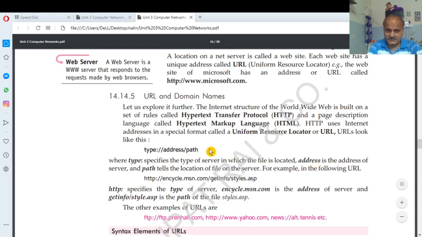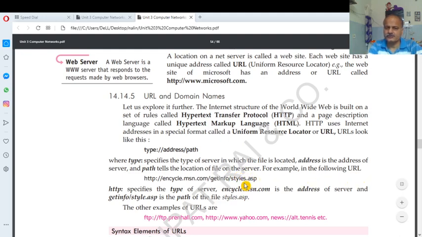Address is the address of the server. And the path tells the location of the file on the internet.